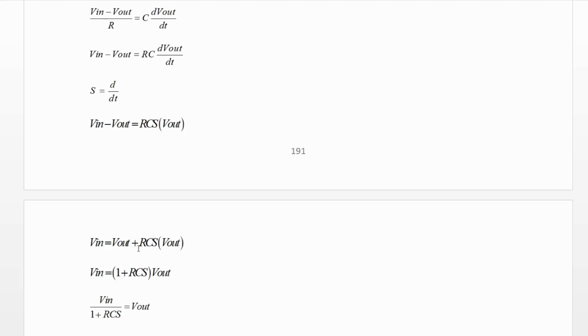So that becomes a volt out plus RCS, volt out. Put it in parentheses, take a volt out of the equation, and we get (1 plus RCS), volt out. If we take volt out, multiply it times 1, we get volt out, and multiply volt out times RCS, we get the same equation. Now divide both sides by 1 plus RCS, and we get volt in over 1 plus RCS equals volt out.